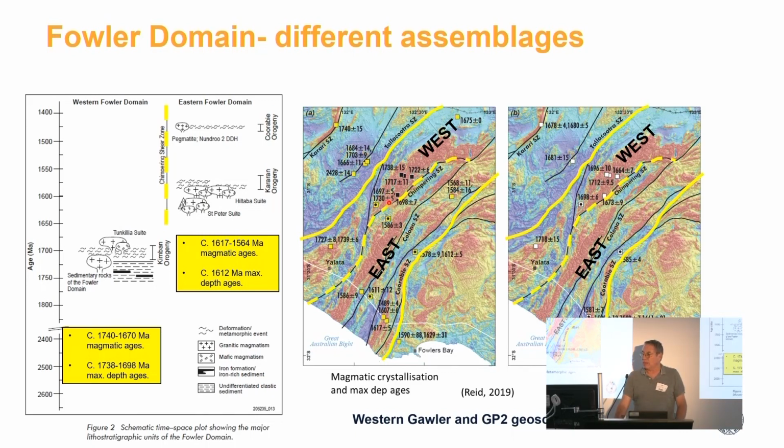Once you step over this boundary, the Chimpering shear zone, he called it, you start getting Peter Pan supersuite. Oh, sorry, St. Peter suite, too many Peters. So Peter Pan, St. Peter suite and the Hilter, and then the metasedimentary rocks have maximum depositional ages that are the St. Peter suite. So you seem to have these two packages.